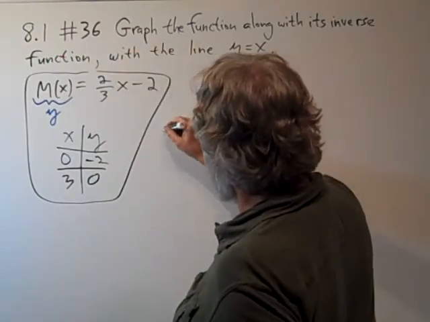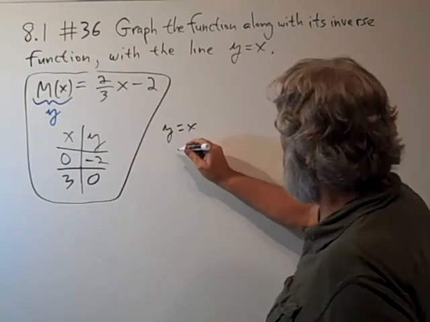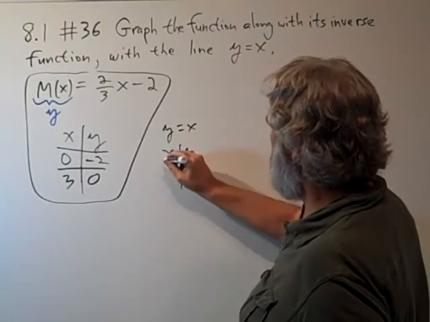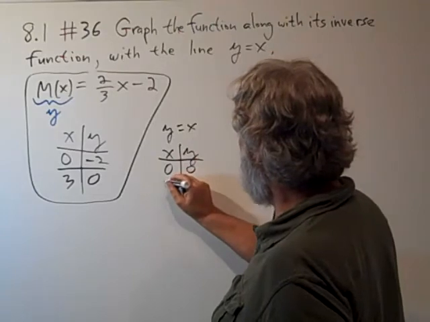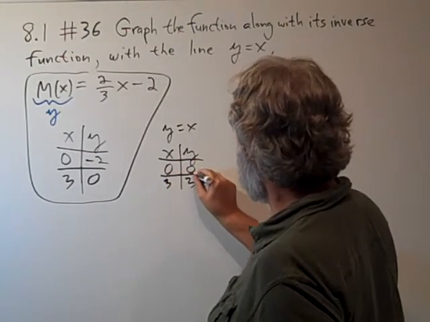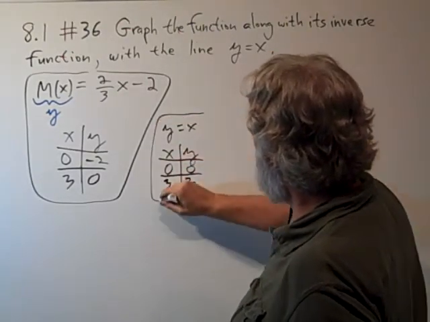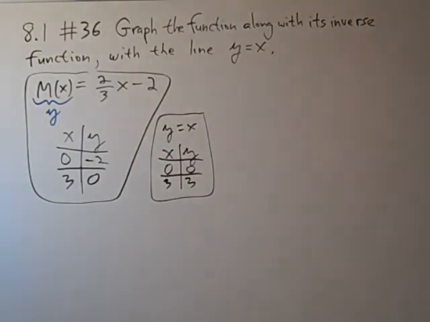Secondly, we need to look at the line y equals x. So those are points where the x and y coordinates are the same, like 0, 0, and 3, 3, and so on. So there's a couple of points on the line y equals x.